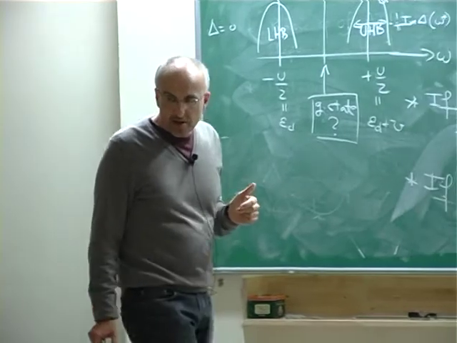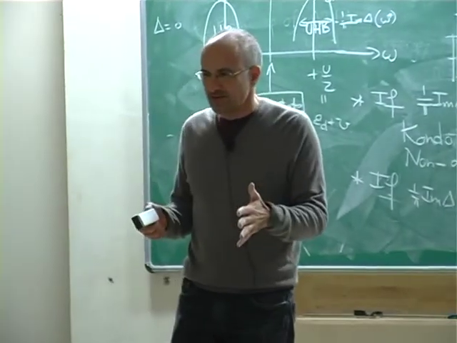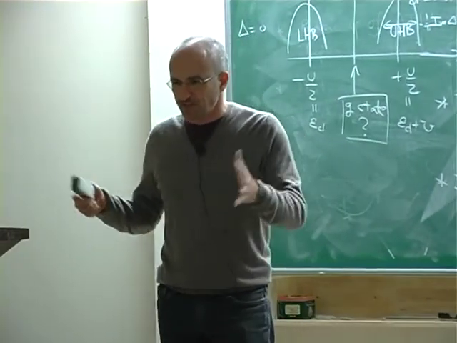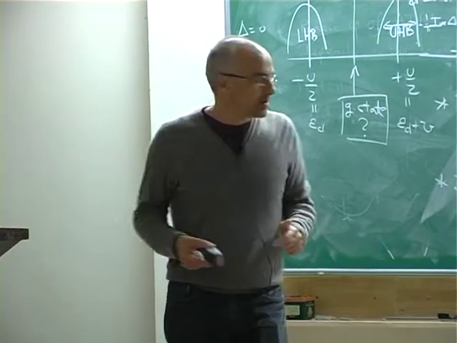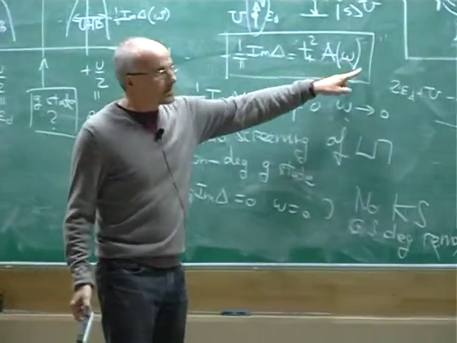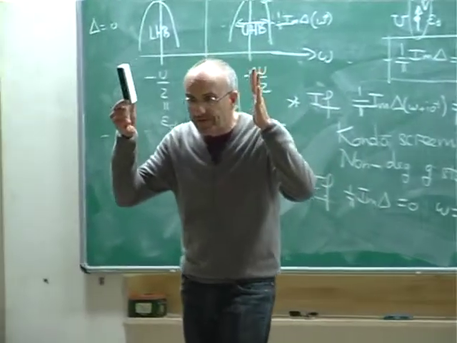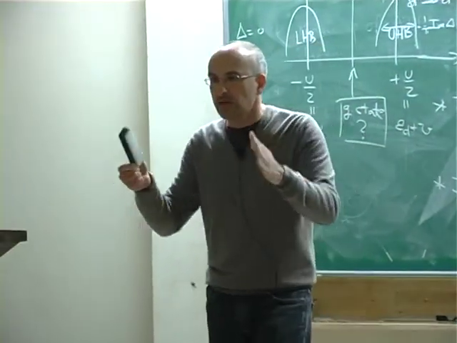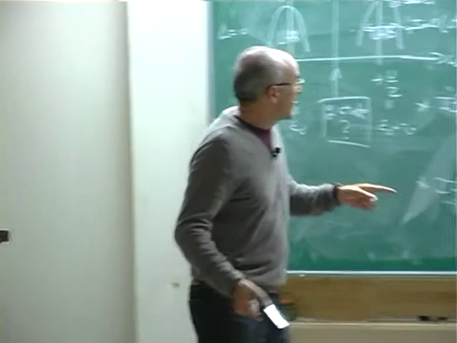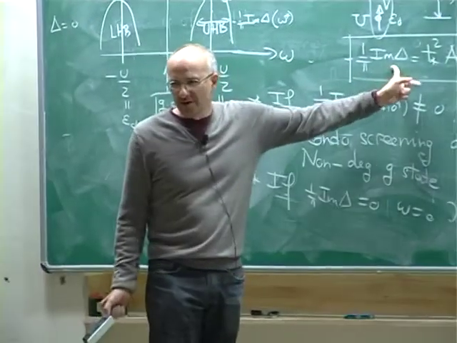Now, imagine we have an insulator, a good, honest Mott insulator with a Mott gap. It means this is 0 at 0 energy. It's also 0 over a finite window of energy in the gap. It means then that the bath has no states at 0 energy.